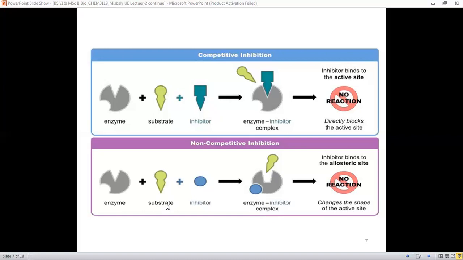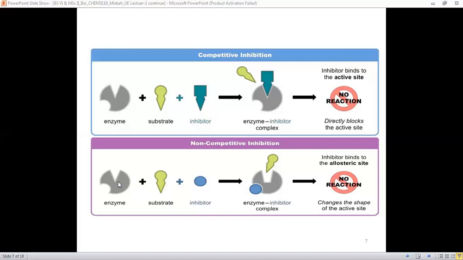For the non-competitive inhibitor, it doesn't have the same geometry, stereochemistry, or shape, so it is not complementary to the enzyme's active site, but it binds to some other site or the backbone of the enzyme. Through its binding with the backbone or the allosteric site, the shape of the active site is also changed.